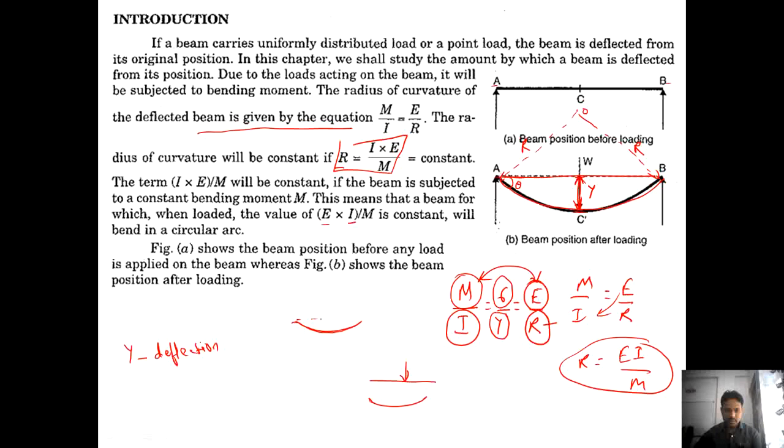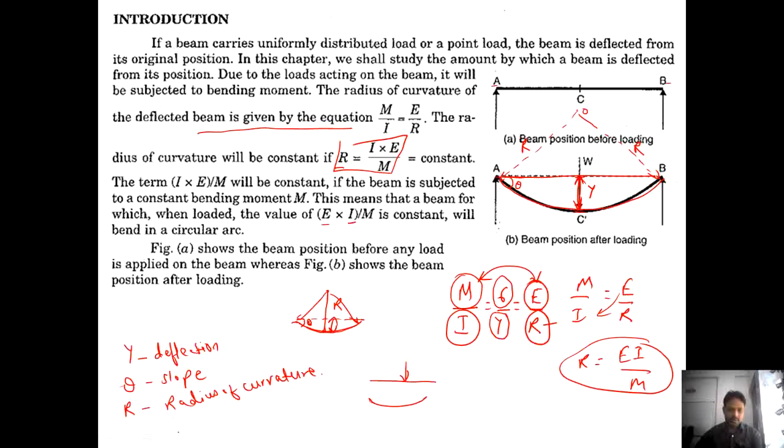This could be the Y, this amount. Then theta is the slope or angle of deflection, this one, that is theta, and this is R, the radius of curvature.